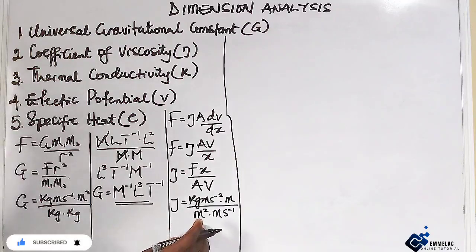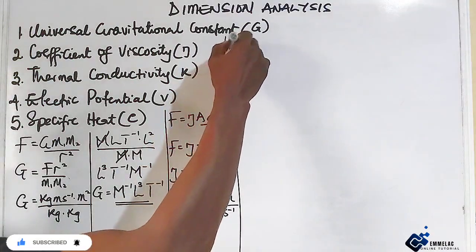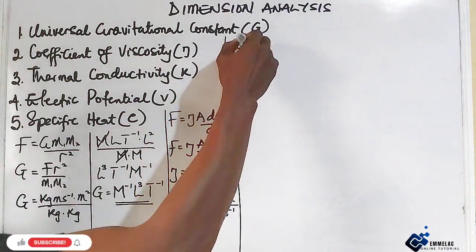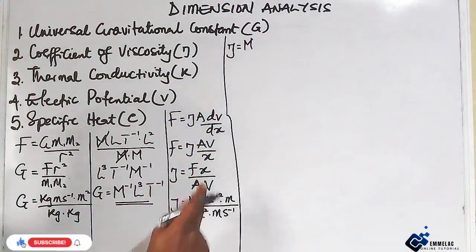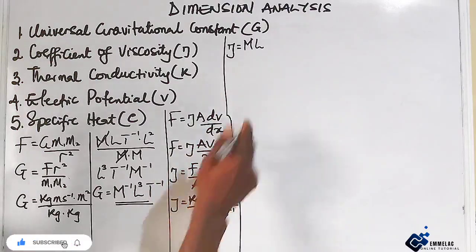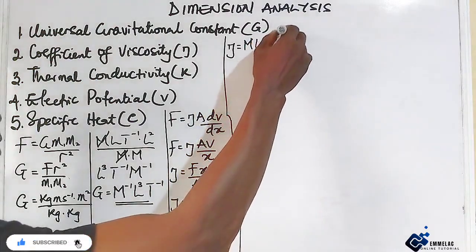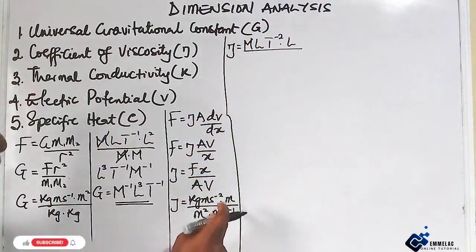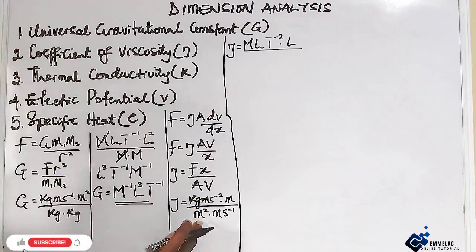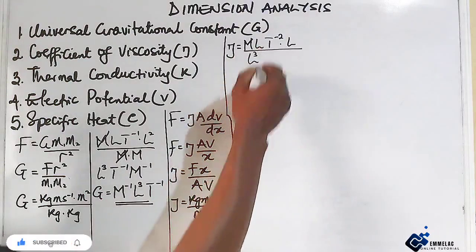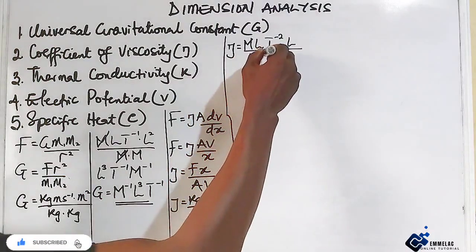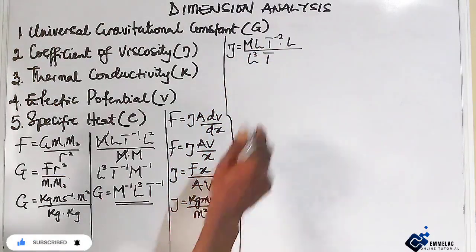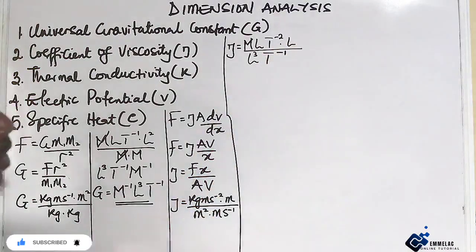Now the dimensions of all these: the kilogram is mass, the meter is length. The second squared gives T raised to the power of minus 2, then another length for the meter, all over another length and another length, which is L raised to the power of 3, then the time in seconds, T raised to the power of minus 1.